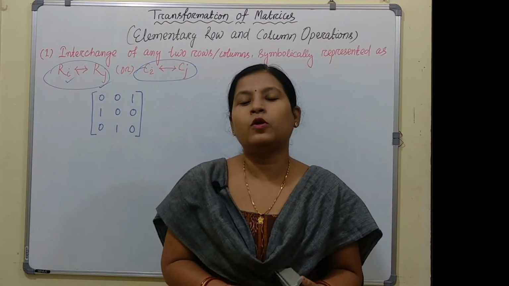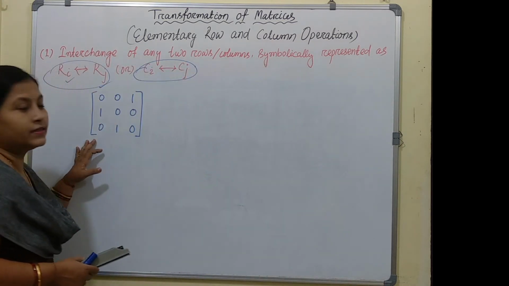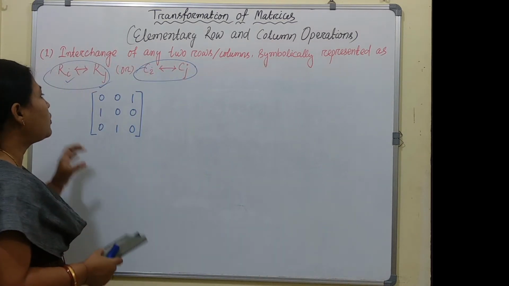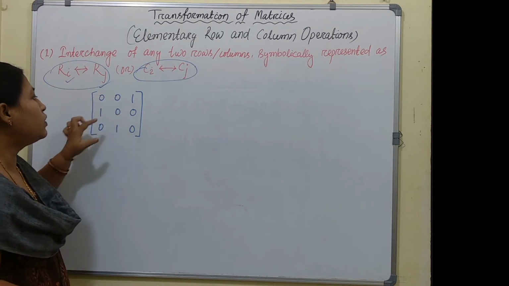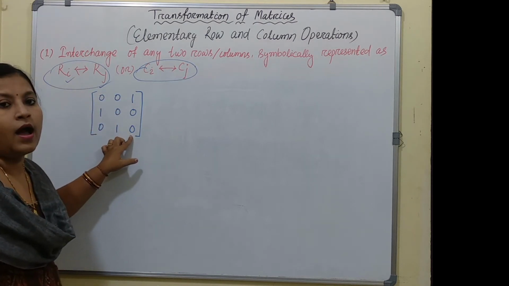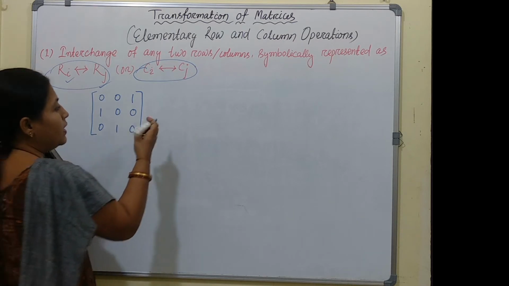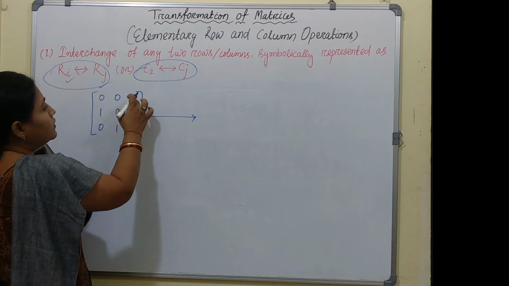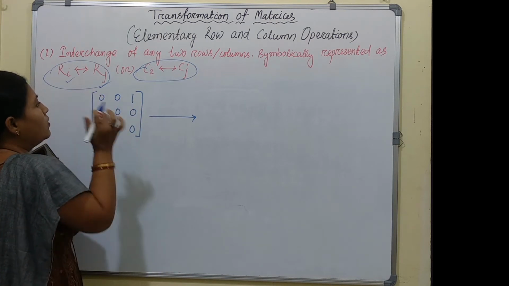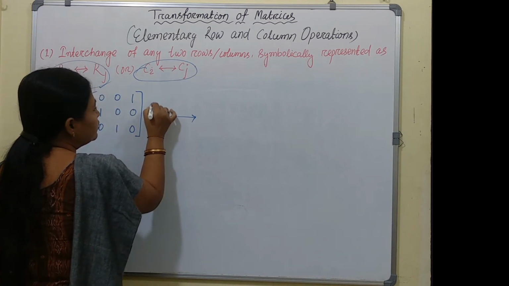For example, transform this matrix into a unit matrix. Unit matrix means 1 0 0, 0 1 0, 0 0 1. Applying the elementary row operations, we interchange row 1 with row 2.